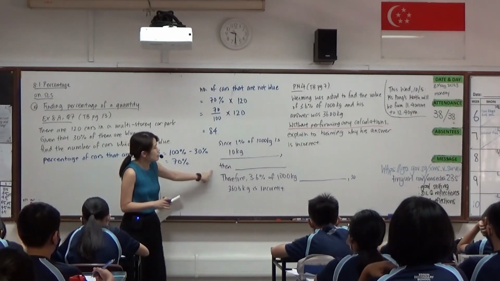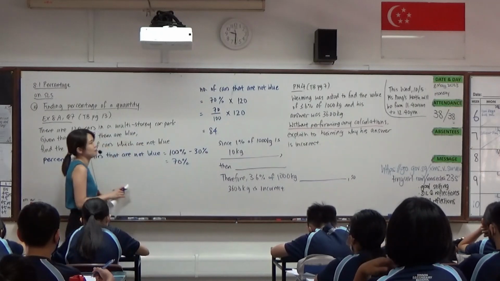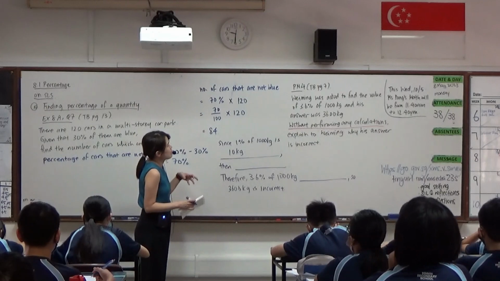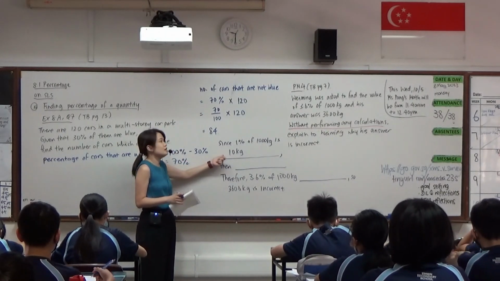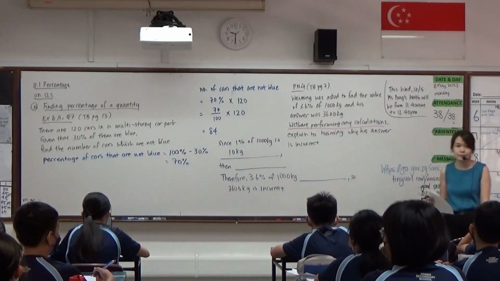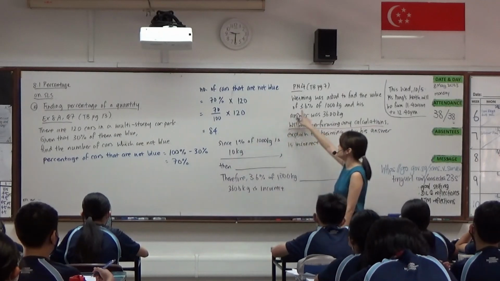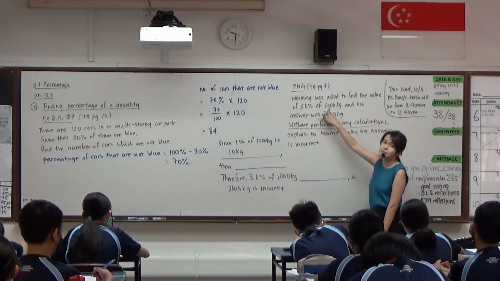Then for this blank over here, there's a little bit of variation in what some of you tried to explain. Some of you said that 100% is 1000 kg and 1% is 10 kg, so 3.6% cannot be more than 1000 kg, because if 1% is 10 kg, this is just 3.6%, and this is 100%.